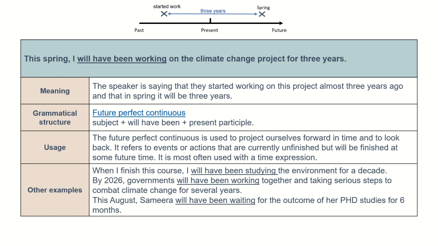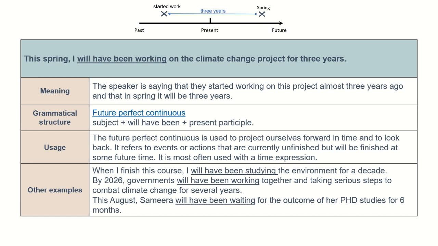This spring is not the deadline of the project, but it's an indication that when this time comes, that means I am going to be still working on that project. So this sentence means that the speaker started working on this project almost 3 years ago, and that in spring it will be 3 years.